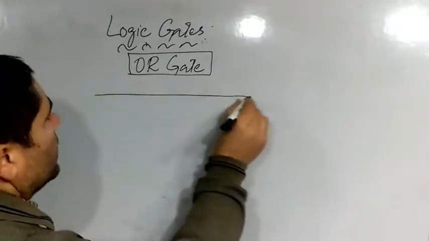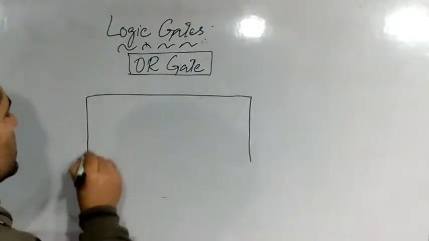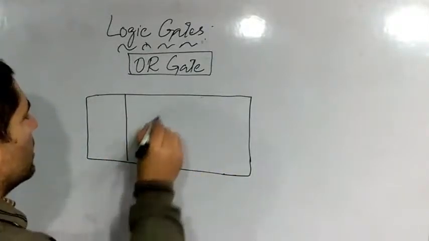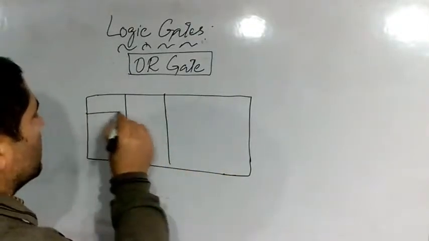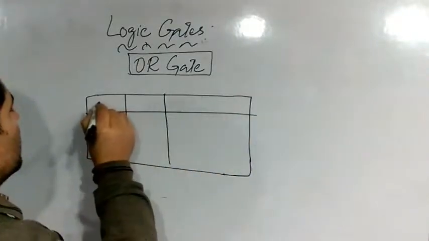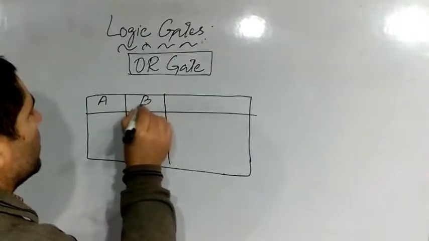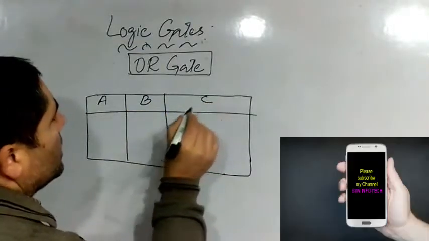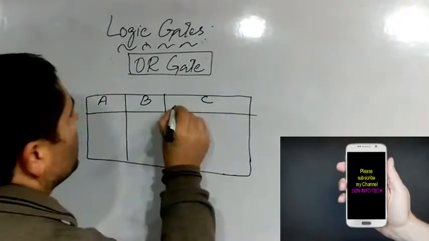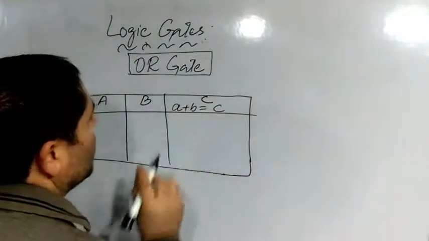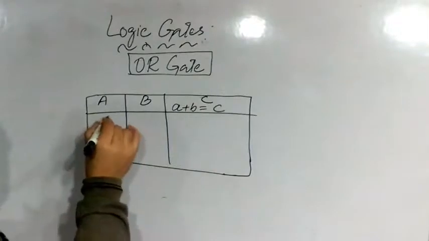I will make a truth table for its inputs: A, B, and this is output C. A plus B is equal to C.